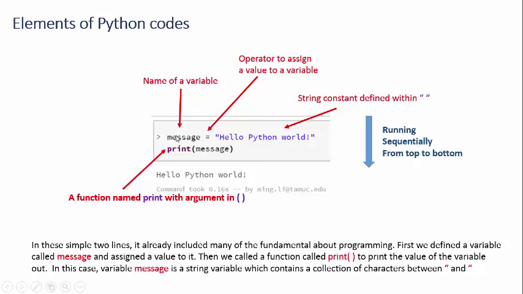And the content of the variable can be changed at any time later. And also we see there is a collection of characters between the quotation marks. It is actually defined as a string, a collection of characters.